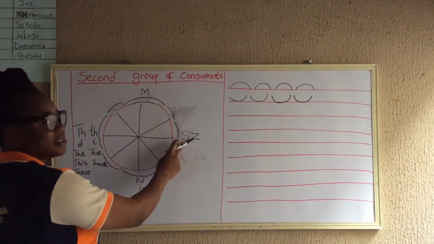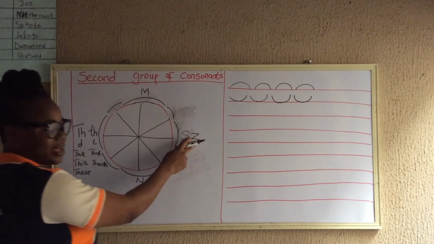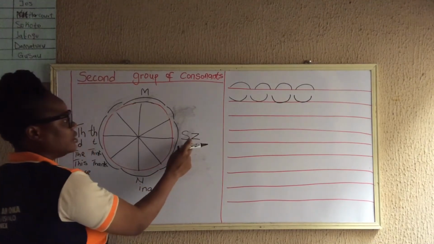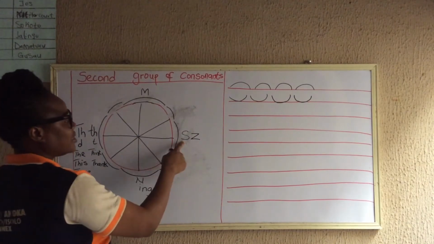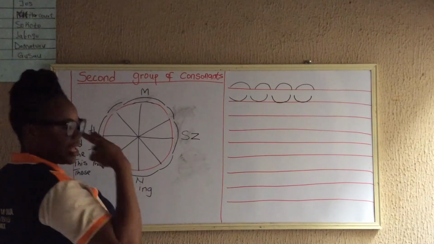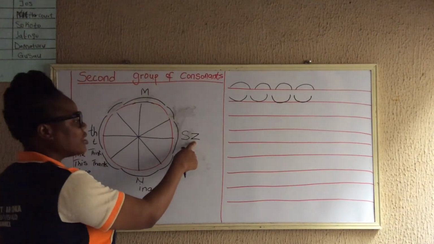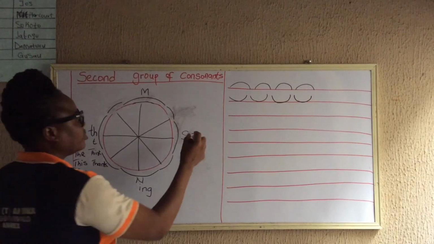Now I come to this place. We have our S, which is S in shorthand, and then Z. S as in C, while your Z is as in was.